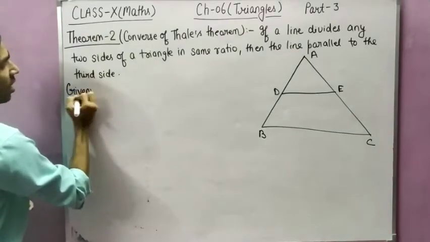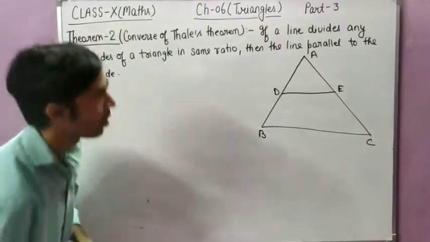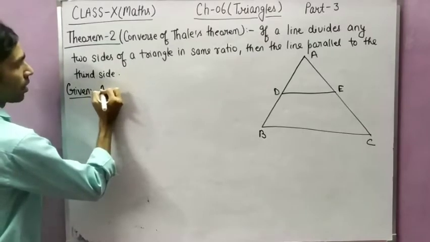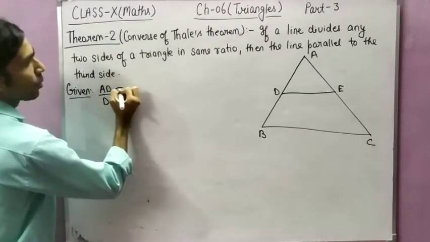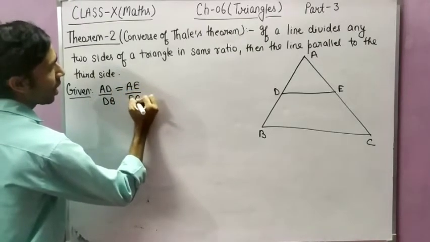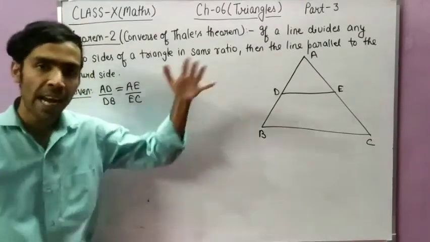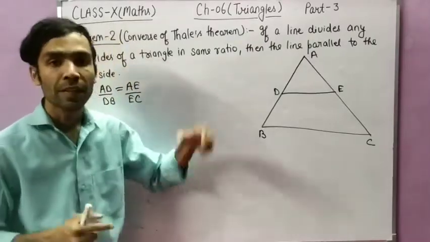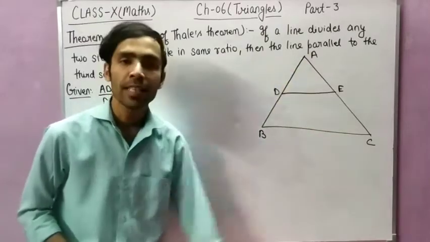Given is that the line divides the other two sides of the triangle in the same ratio, meaning AD upon DB is equal to AE upon EC. This is given.